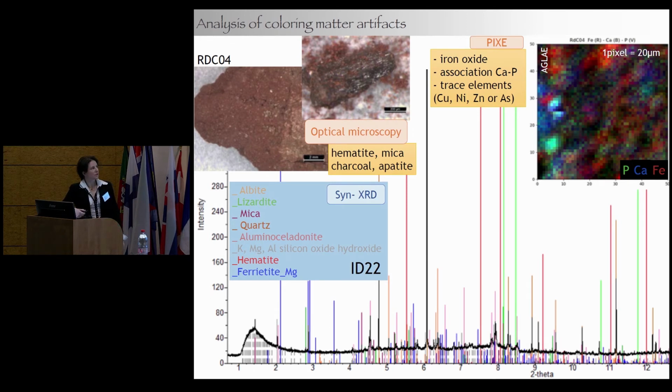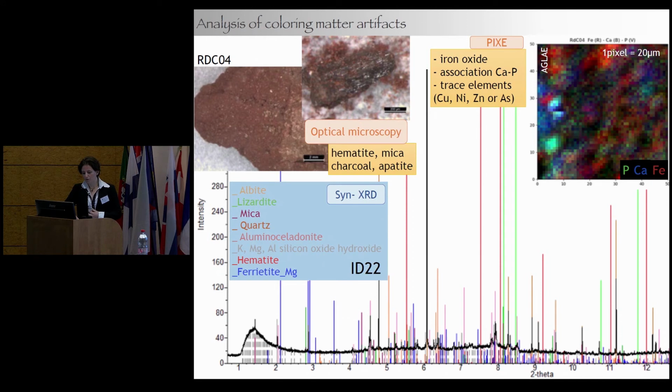And thanks to the PIXE analysis, we confirm the association between calcium and phosphate, which we can link to the apatite. However, this apatite doesn't appear in the micro X-ray diffraction. That means that it's not sufficiently crystallized to be detected by this technique.